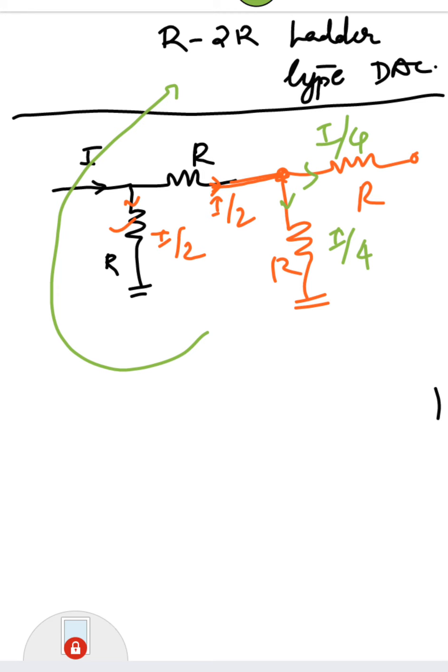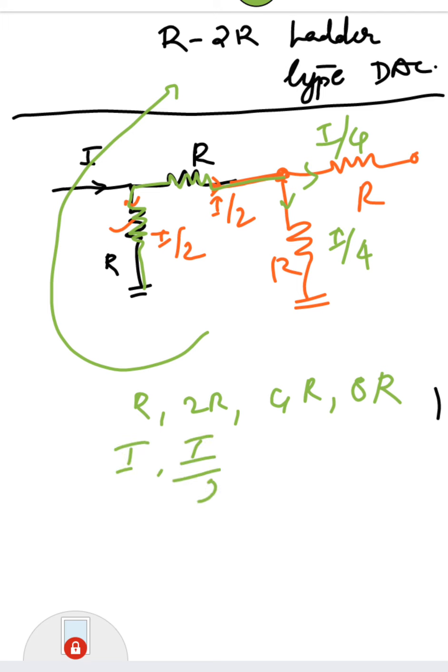You will have 2 resistors of equal values, and then the current will be splitting. Instead of putting R, 2R, 4R and 8R to get the reduction of the current, because the current flowing through the R will be maximum, this will be I by 2, this will be I by 4 and this will be I by 8 in the weighted type resistor.